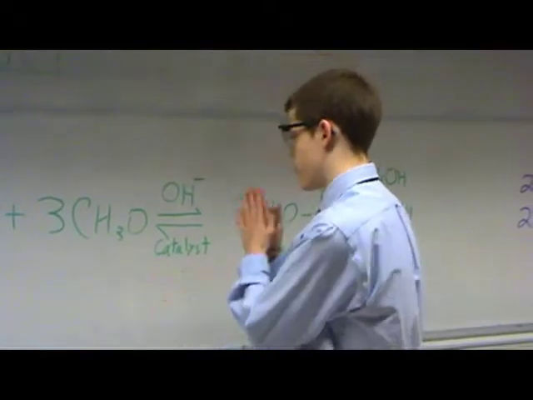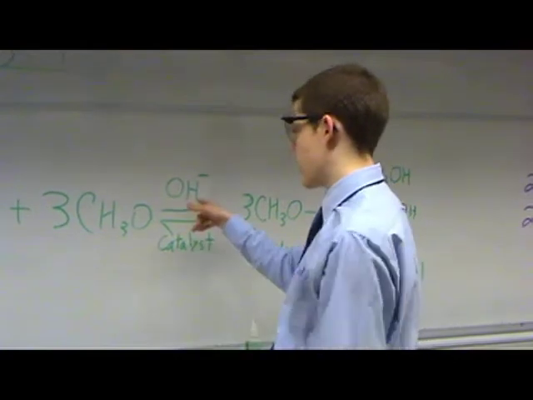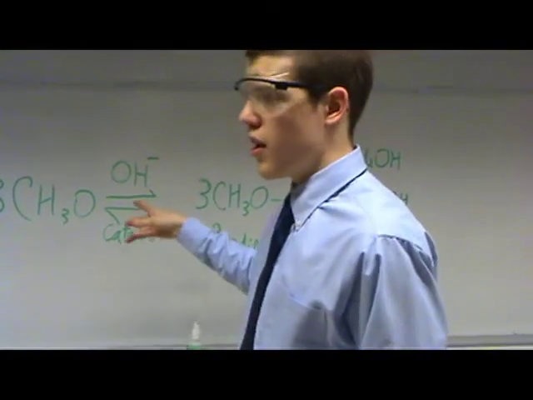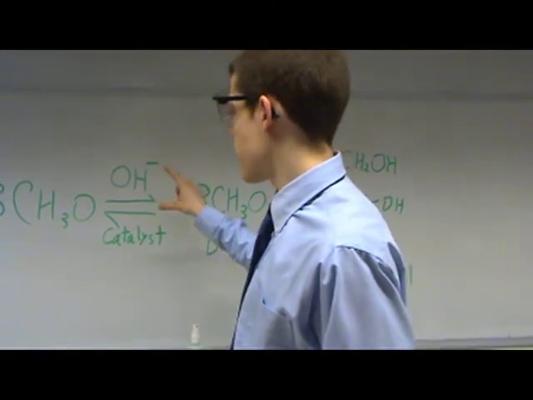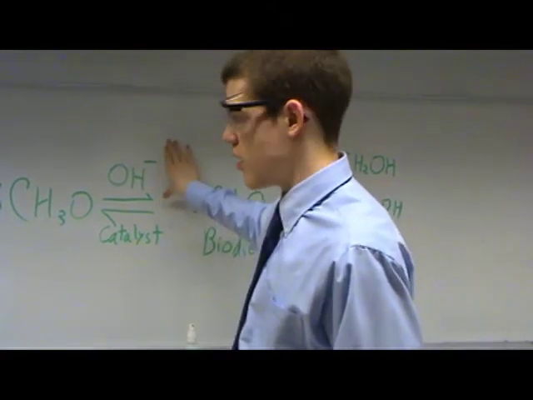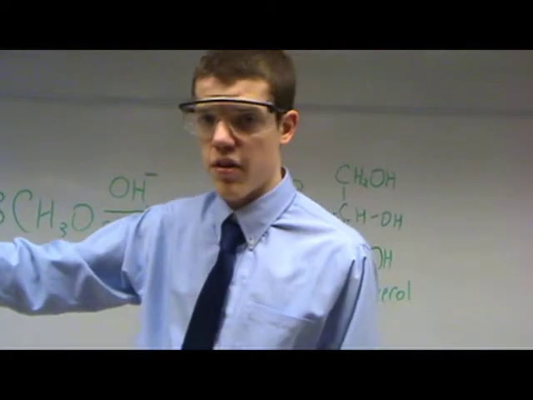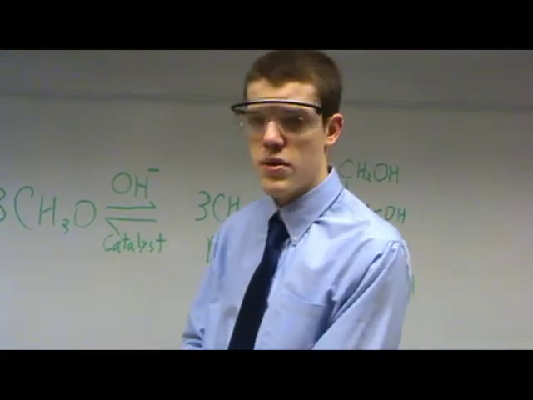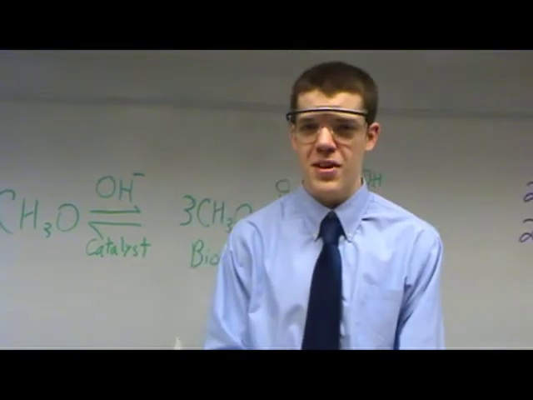In order to proceed with this reaction, we need a catalyst, an OH ion. So in order to create this OH ion catalyst, we need the addition of NaOH, which I mentioned earlier. So combining methanol with NaOH forms a compound known as sodium methoxide.